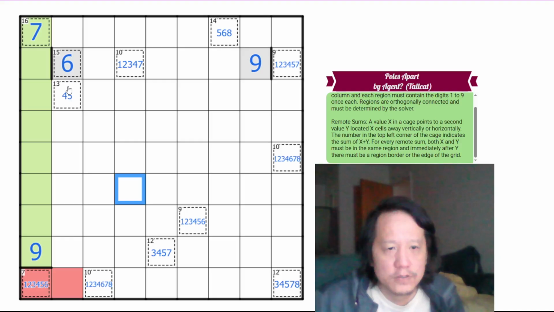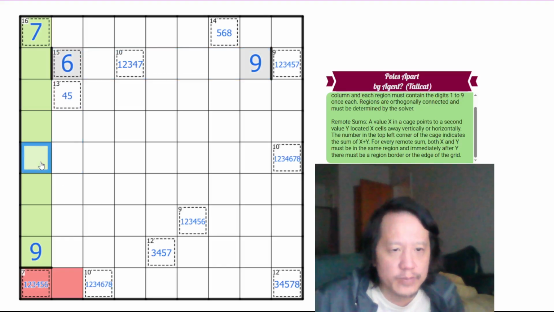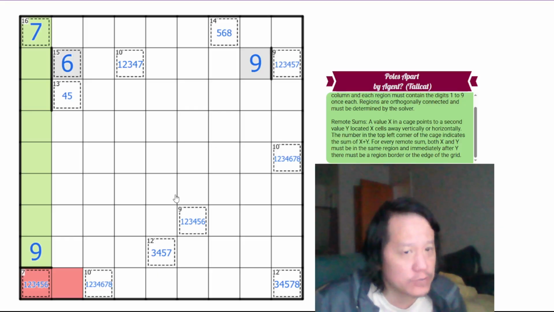Interesting. So if we have 4 and 9, they cannot be part of this region. It can't be part of the green region. So we know this is a boundary. 5 and 8 work too.